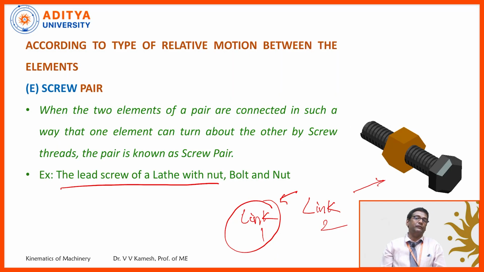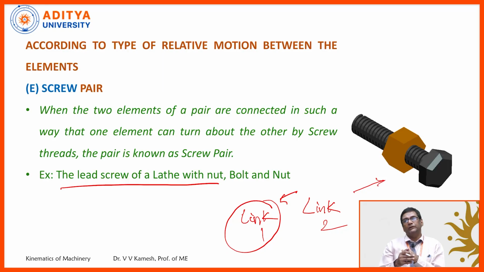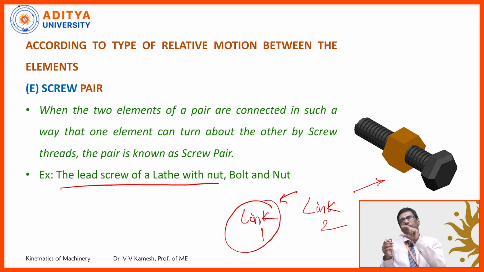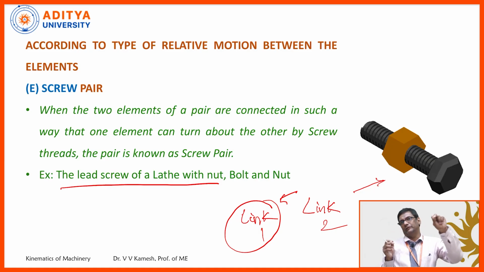If it is by virtue of sliding motion, then it will be converted to a sliding pair. Suppose, just you remember, you visualize one situation. Suppose the threads are worn out, right? Due to wear and tear, the threads are not up to the mark. Then you can move the nut with your hand without any rotation, directly from the left to the right of the screw.